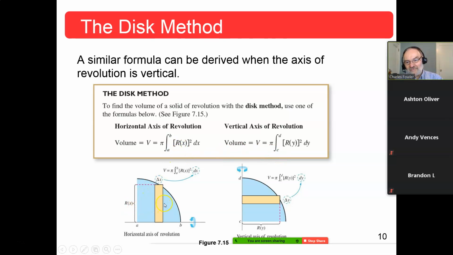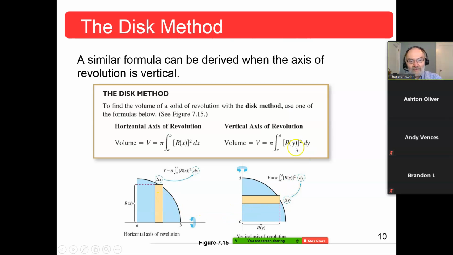So if this was going around a horizontal axis of revolution, the volume would be pi times the integral from a to b of whatever this radius is. That would be the functional value up here minus the axis value down here. That would be the length, radius, squared times your delta x.